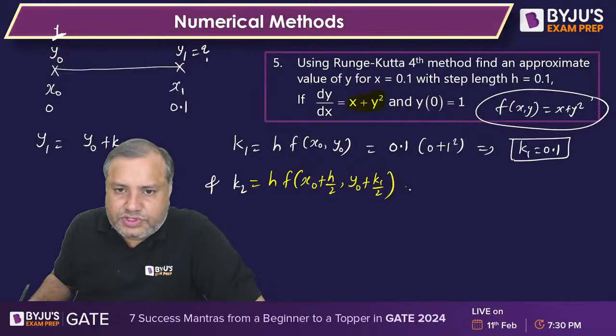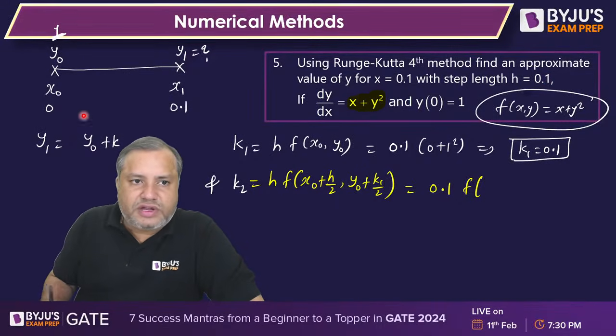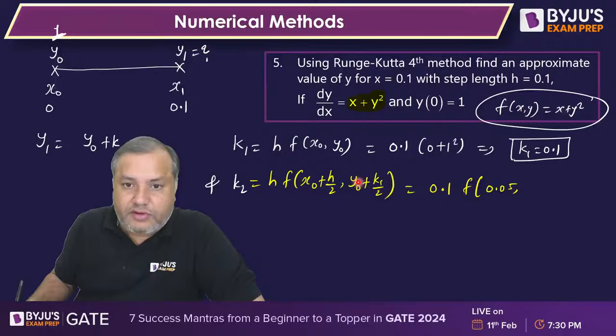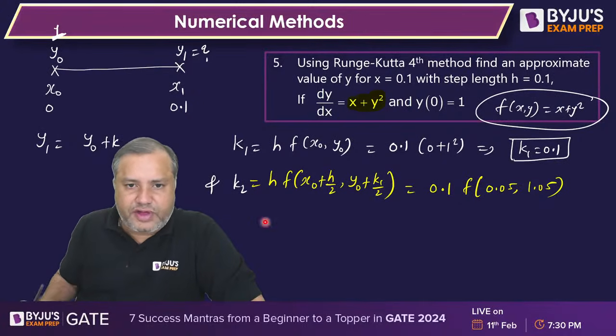H is nothing but 0.1. X naught is 0 and h is 0.1. So 0 plus 0.1 by 2 is 0.05. Y naught is 1, so 1 plus 0.1 by 2 is 1.05.